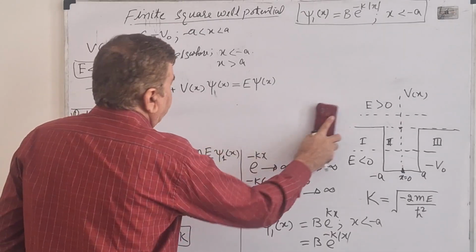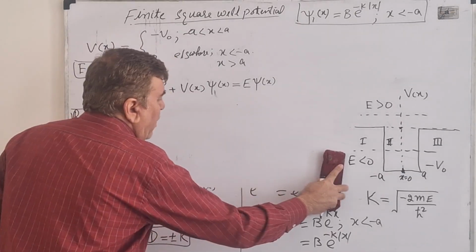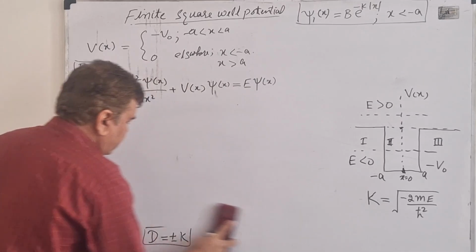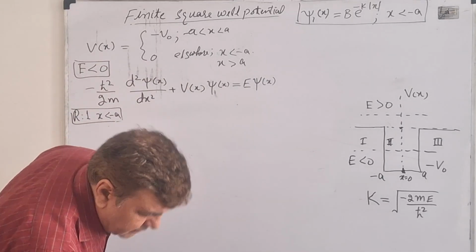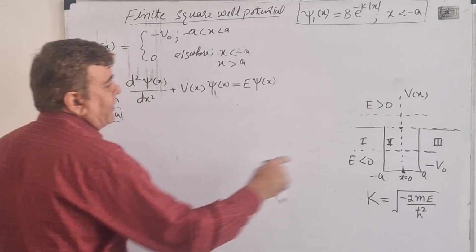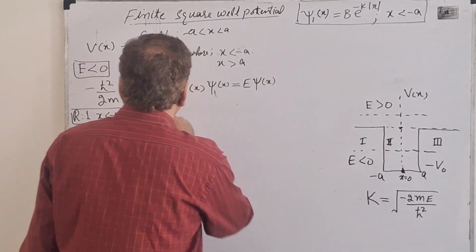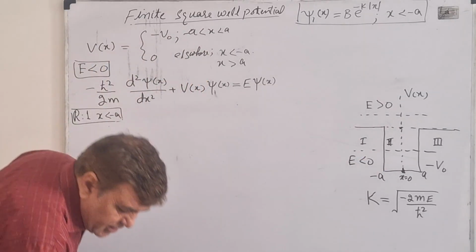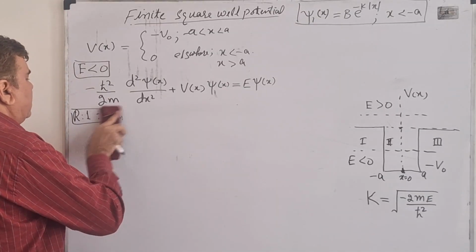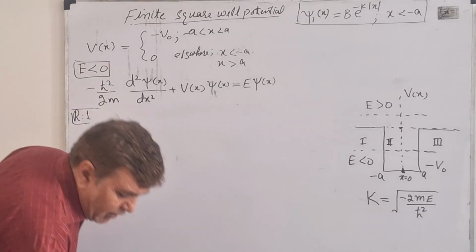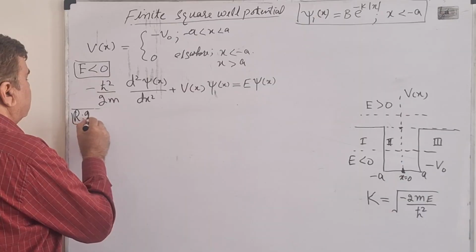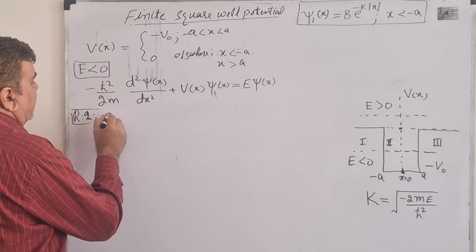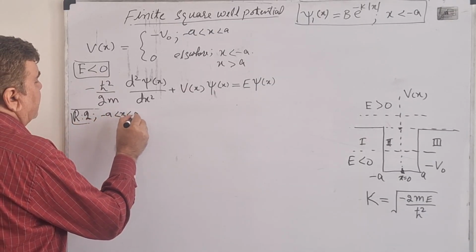Therefore, I remove them now and want to find the wave function in region 2 from the Schrodinger wave equation, and I represent the wave function in this region with subscript 2. So I change the region now to this, that is, I want to solve this for minus a less than x less than a.